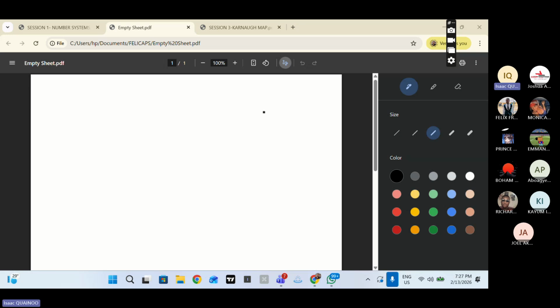Please, I'm sorry for the delay. So let's continue. Now let's look at how to identify what min terms are, and then how to identify the min terms of an SOP expression.